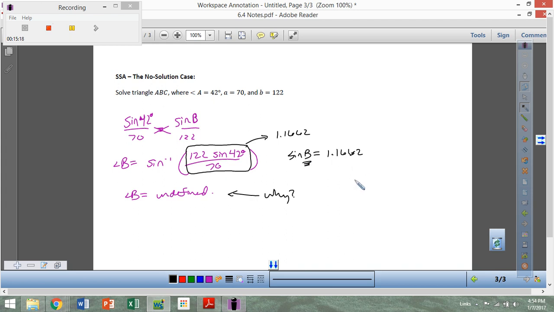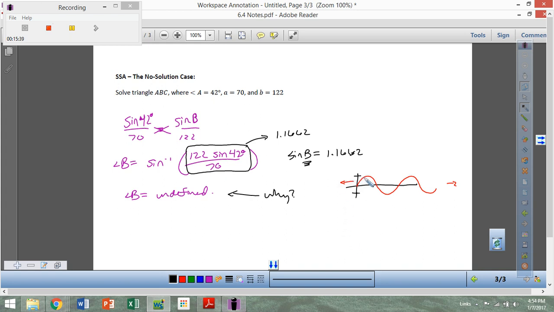Now, if you think about how sine works, I'll just draw the graph of sine real quick, and you can think about the unit circle as well. If I think about how the sine function works, it just keeps on doing the same thing over and over again both ways, right? It goes this way forever like that, and it goes this way forever like that. And my question is, where is that bounded on the top and the bottom?